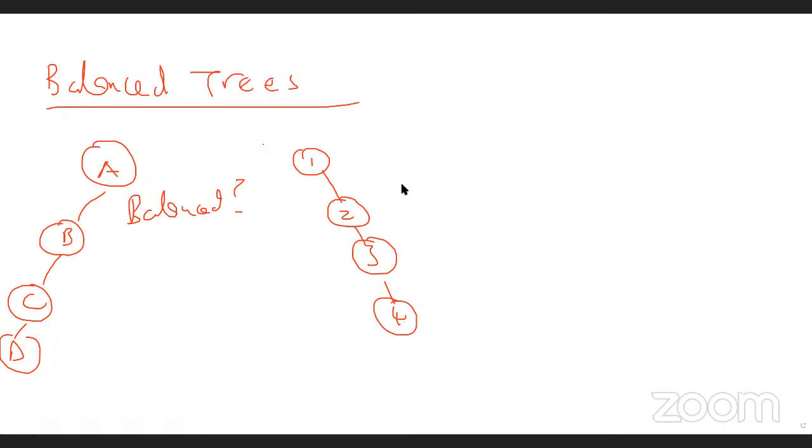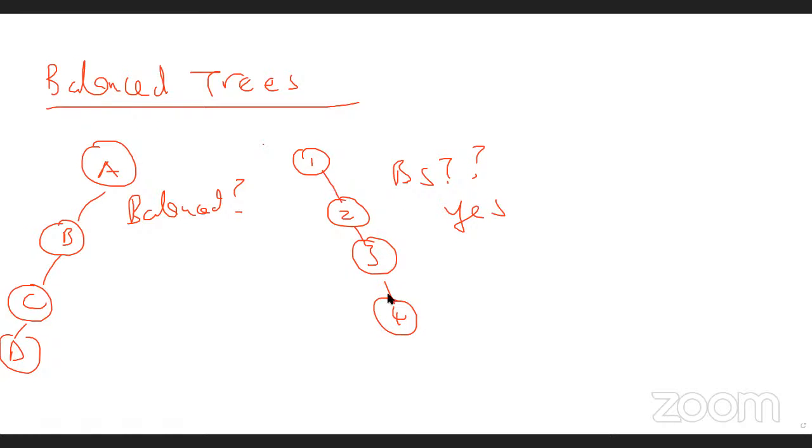Is this tree a BST tree? It is a BST tree, yes. Why?